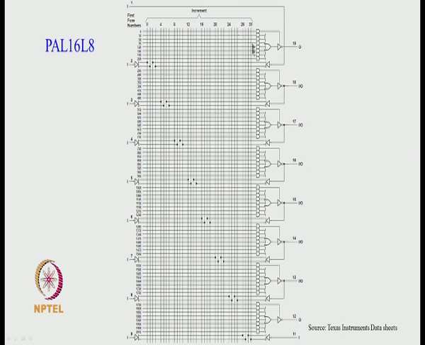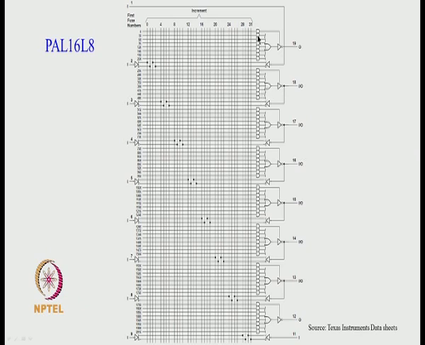There are 0 to 31, so 32 vertical lines, which tells us that there are 16 inputs and their complements. We have located the 10 inputs, so where does the additional 6 come from? Look at this structure, and we will come to the 6 additional inputs.